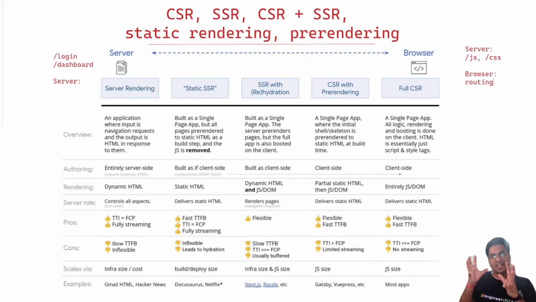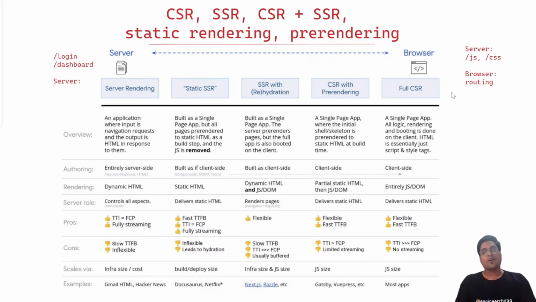To get the HTML for /login, your browser is not going to make a request to the server. Your browser is capable enough to understand there is something called /login and get the data from the local chunks. While rendering, if it requires any extra JavaScript or chunk, it can go to the server, but that is a different thing. For your routing purposes, with the landing page loaded, you don't need any server to tell you that for this particular route you need a different set. Everything is managed on the client.